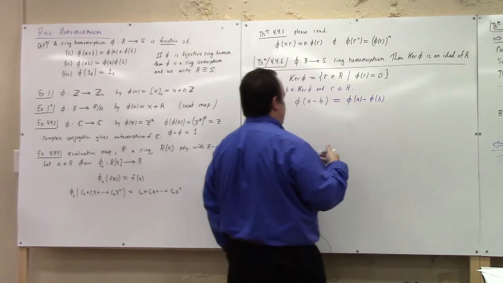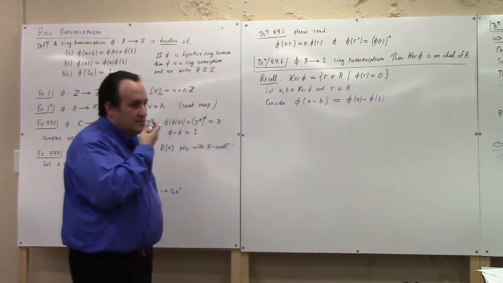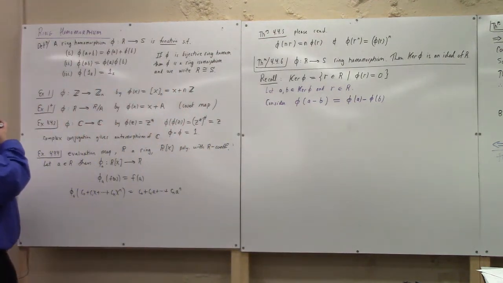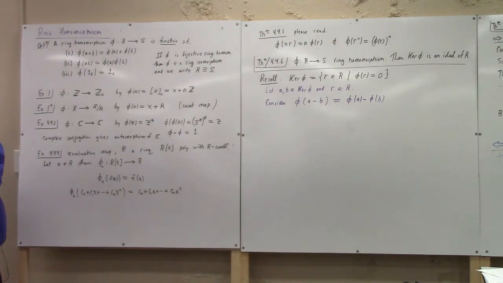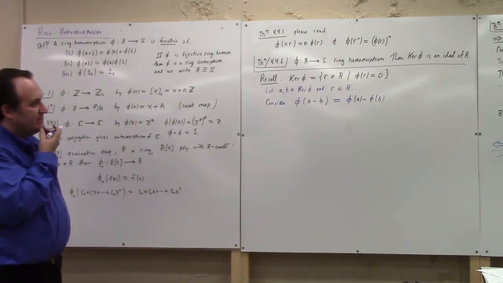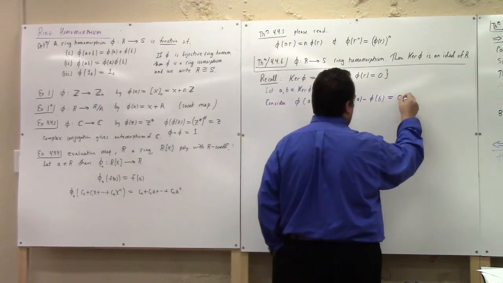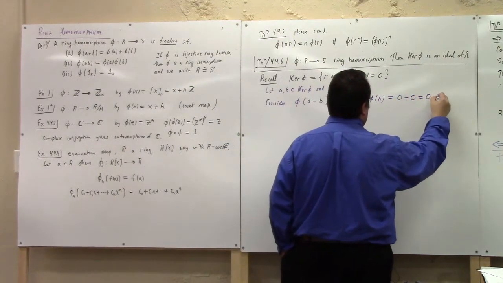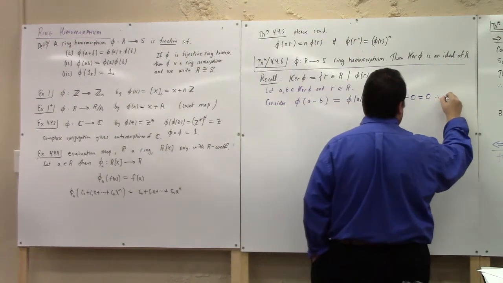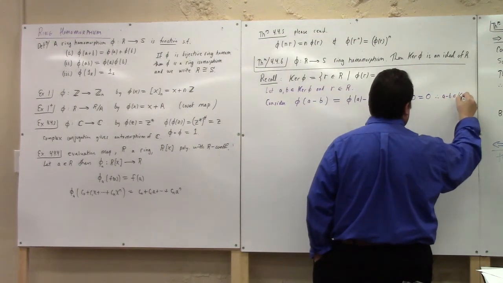I haven't proved that, but you can prove that. Can you just say it's n r minus 1r? Yes, there we go. So 0 minus 0. So therefore, A minus B is in the kernel.